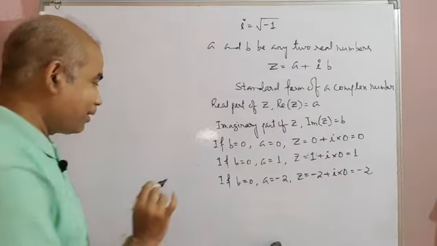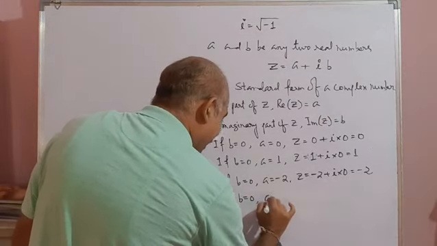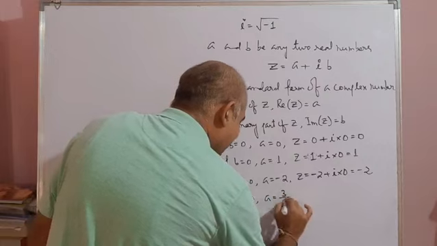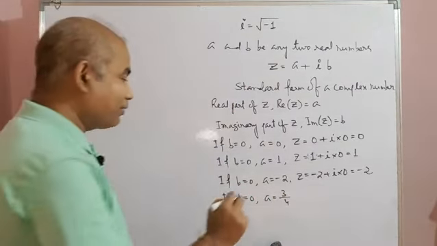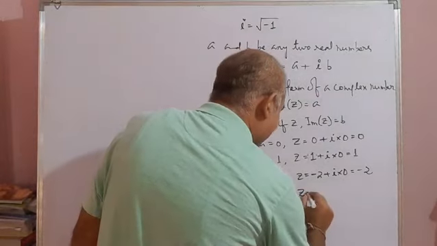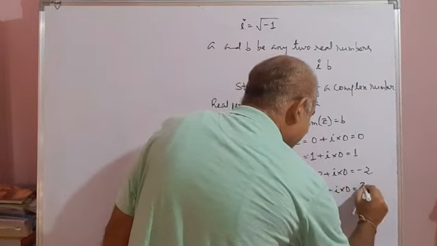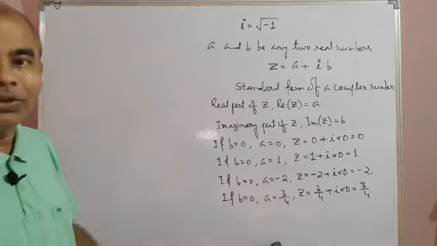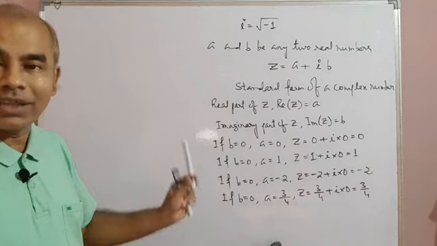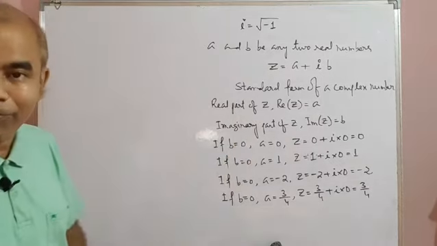Next, suppose I take b equal to 0 and a equal to a fraction, say 3 by 4. That means I have taken a rational number, 3 by 4. Then z equals 3 by 4 plus i into 0, that is 3 by 4. So I can write a rational number also in the form a plus ib, which means a rational number is also a complex number.